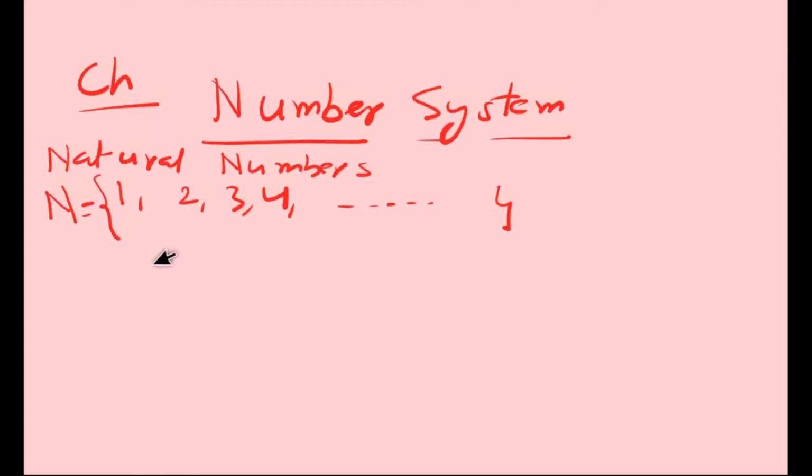And after that, when we learned about zero, zero included with natural numbers is known as whole numbers.